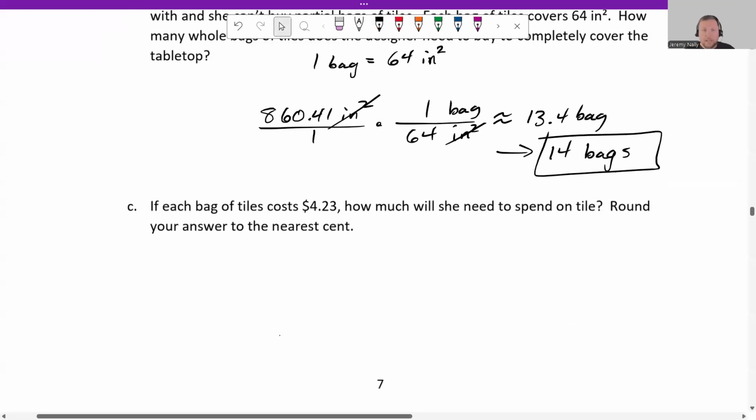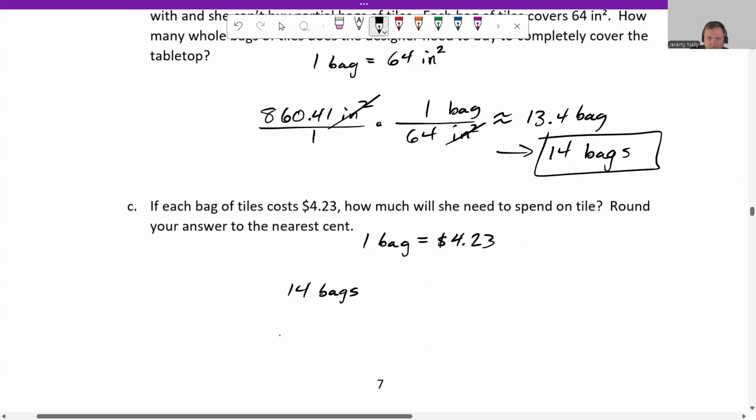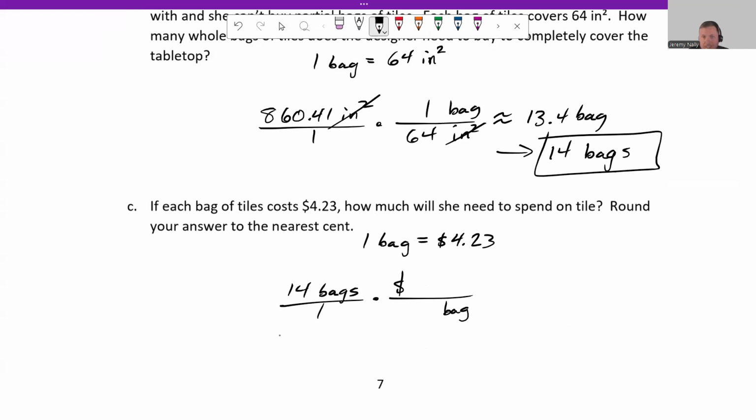Okay, each bag costs $4.23, so one bag equals $4.23. How much will she spend on tile? Round to the nearest cent. So I have 14 bags that I need to buy. A bag and money, right? So I'm canceling out bags, going to dollars.